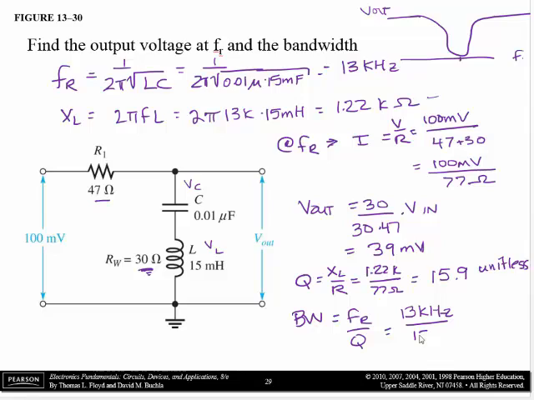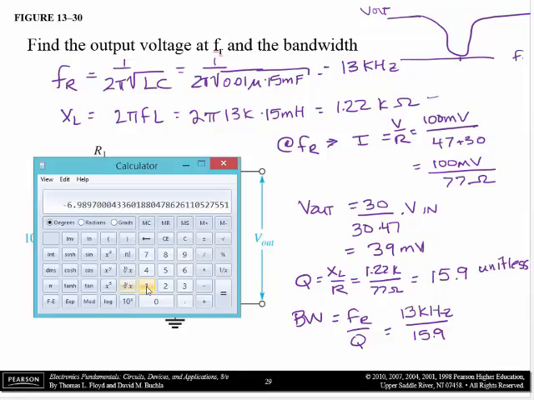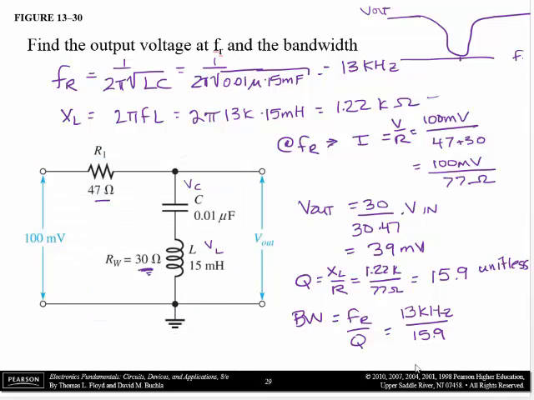That comes out to be, calculator, 13 kHz divided by 15.9 equals 800.817, so it equals 817 hertz.